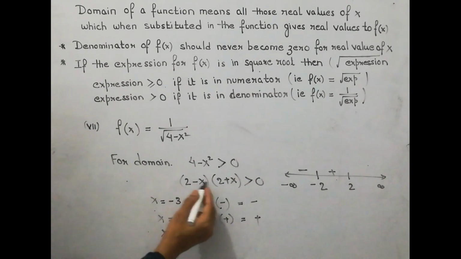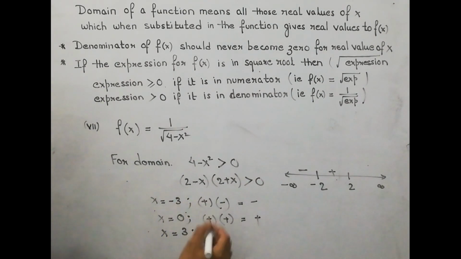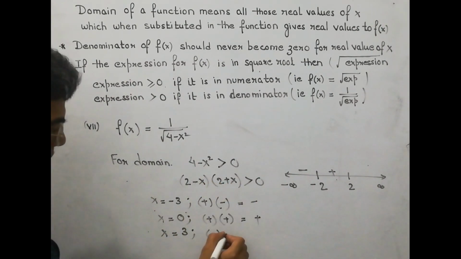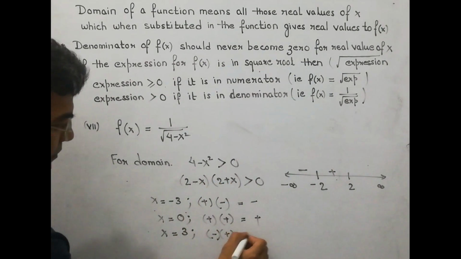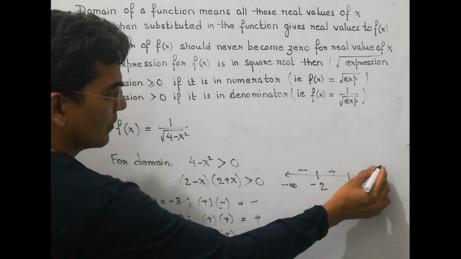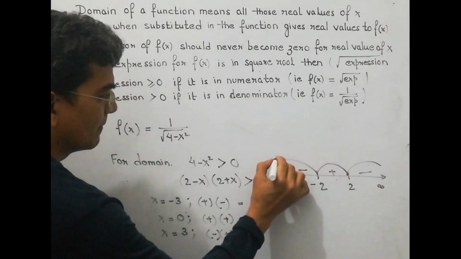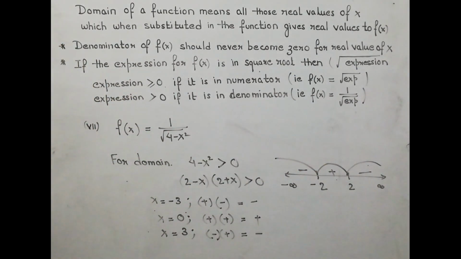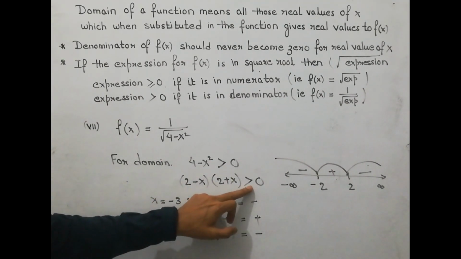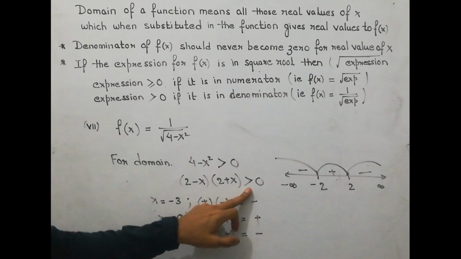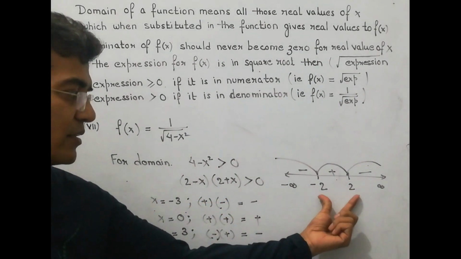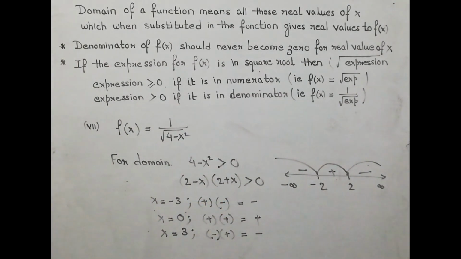You take 3: 2 minus 3, minus, plus, like this. Now you have to take the result which is greater than 0. That means you have to take the positive interval, this interval. You can see you are getting the positive interval over here.